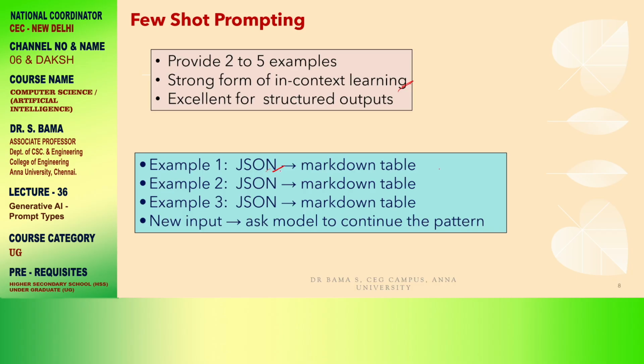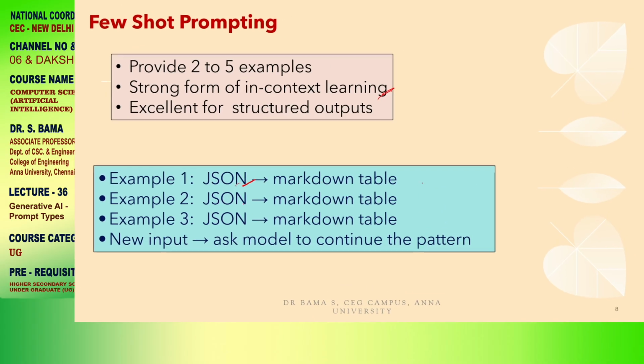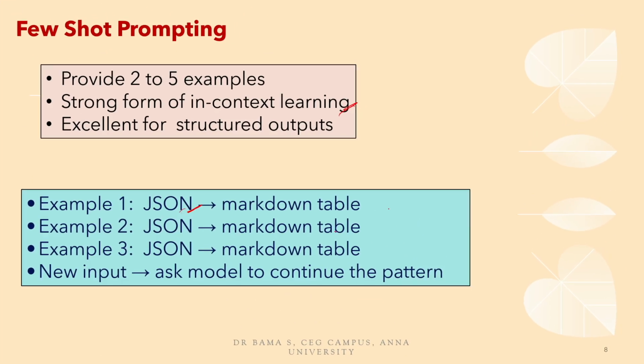From JSON, can we convert that into a markdown table? So we are giving one example. Second example, JSON with some unstructured type, and the markdown should be the correct one. And a third example, messy JSON, which should be corrected to a markdown table. Given 3 examples, can the LLM, given a new input, continue the pattern and give a correct markdown table as the user wants?